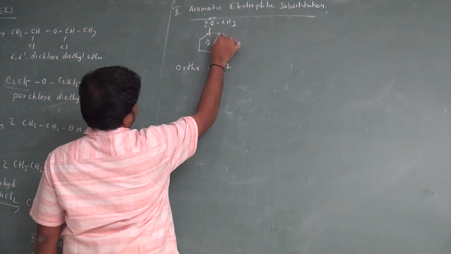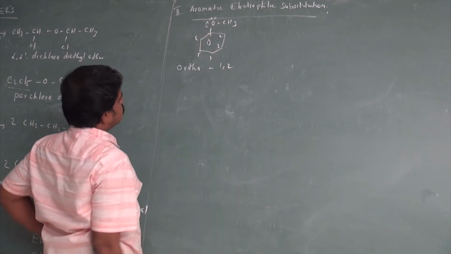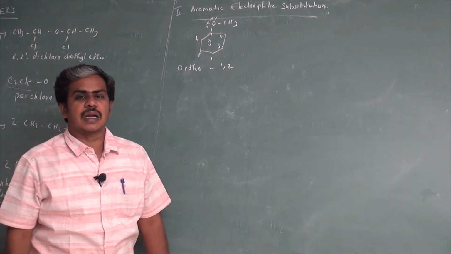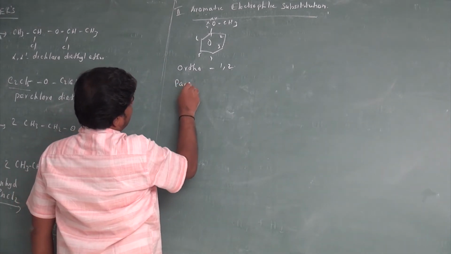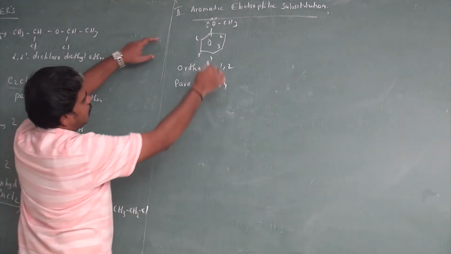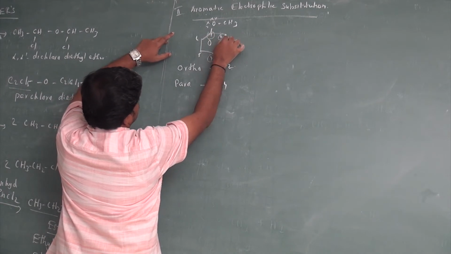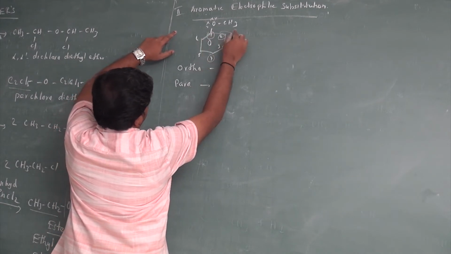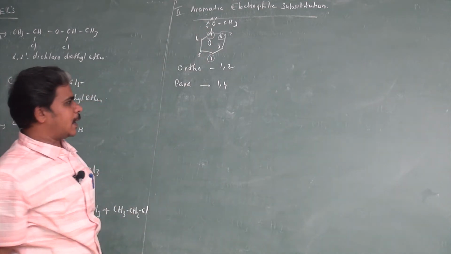So here 1 and it is 2, and 3, 4, 5, 6. So 1, 2 positions are called ortho. Now para means 1, 4 position on that benzene. So here it is 1 and 4 position. 1 and 2 positions are called ortho, and when these are 1 and 4, it is called para.